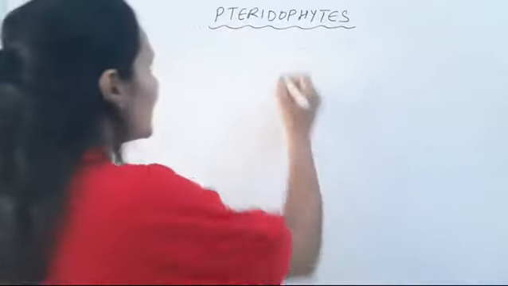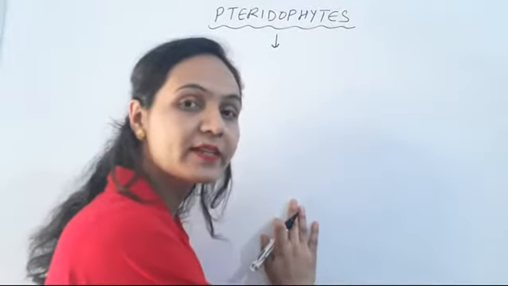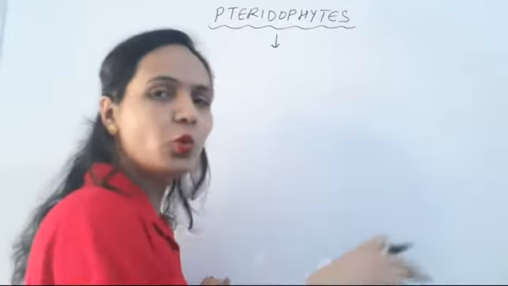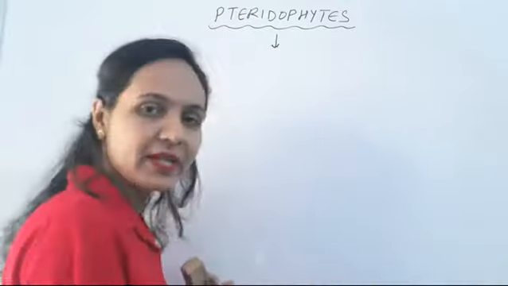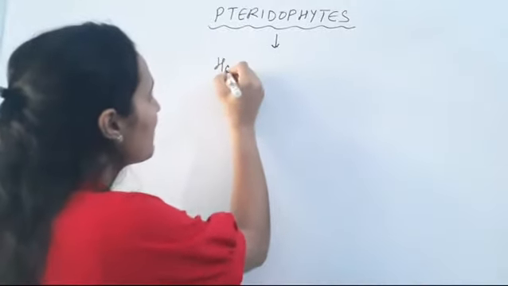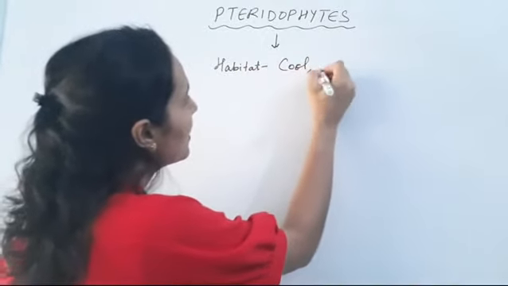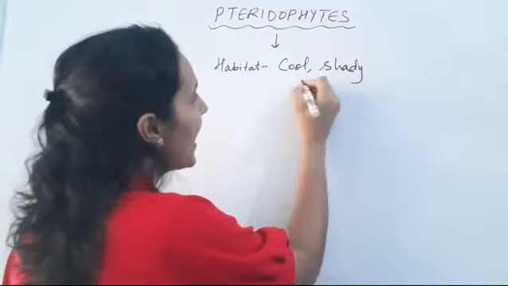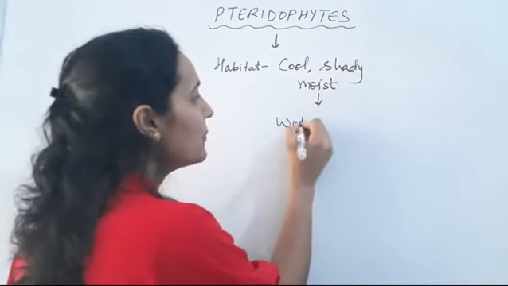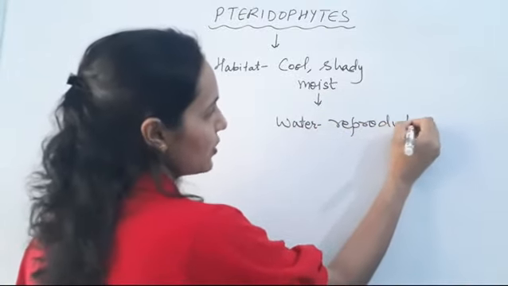Okay, so pteridophytes. As we have discussed in bryophytes, these plants live in cool, shady and damp places where water is present. Similarly, the pteridophytes' main habitat is cool, shady and moist places, because they require water for reproduction.